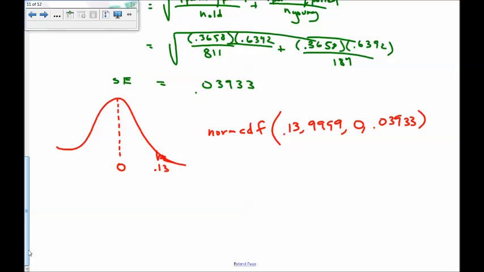Okay, now I grab my calculator and do norm CDF, 0.13, comma, infinity, comma 0, comma 0.03933, and I get a value of 0.0004743.